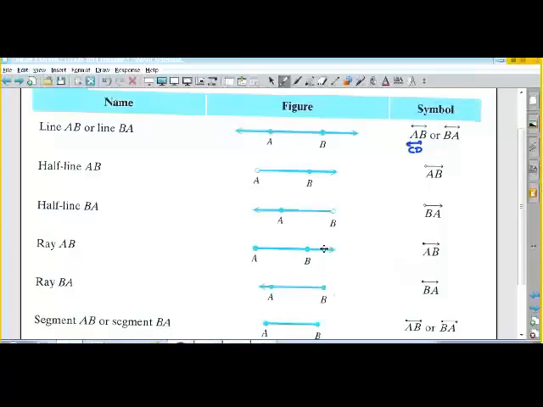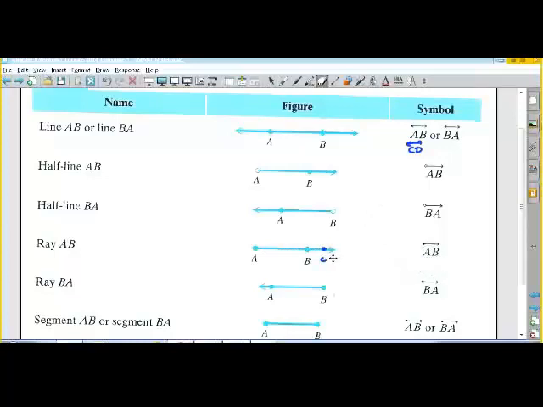So again, if I put another point here, which I call point C, I could have ray AC, and that would be the same thing in space. The first letter would not change, but the second letter could change depending upon whatever point I choose that defines enough of the ray to be able to draw it.